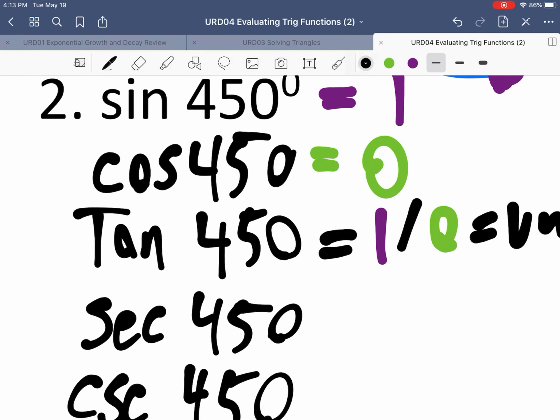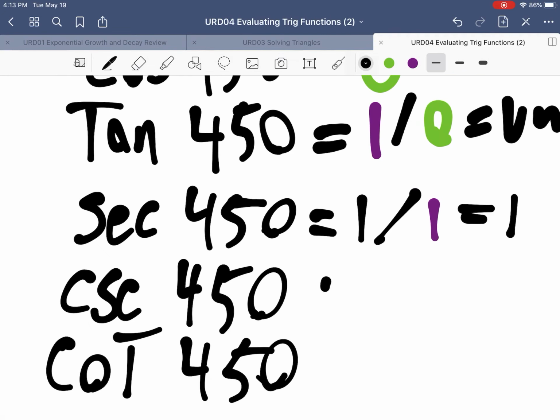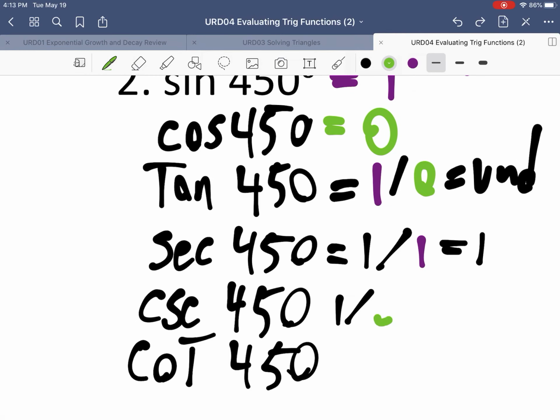So this is for a quadrantal angle. The secant is going to be 1 divided by the cosine value, which is going to be equal to 1. The cosecant is going to be 1 divided by the sine value, which was 1, which would make this undefined.